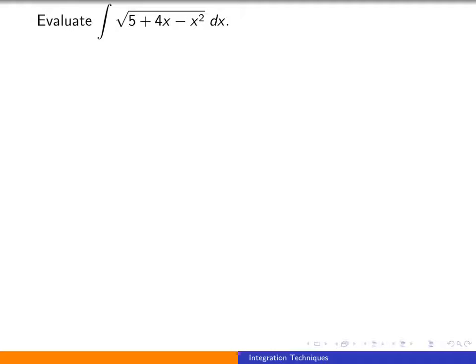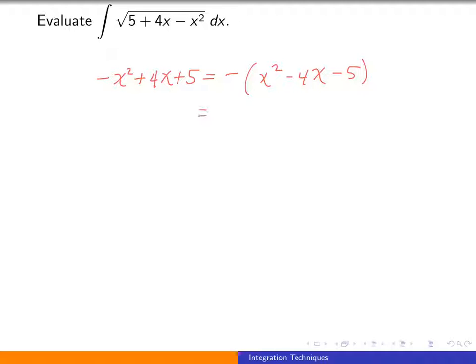So what we have inside that square root is minus x squared plus 4x plus 5. And when we complete the square, it's ideal to have the leading coefficient, or the coefficient of x squared, to just be a 1. So I'm going to go ahead and just factor a minus out of everything. So x squared minus 4x minus 5.